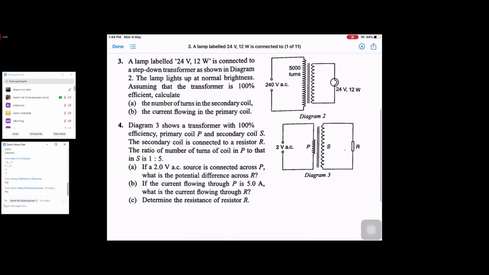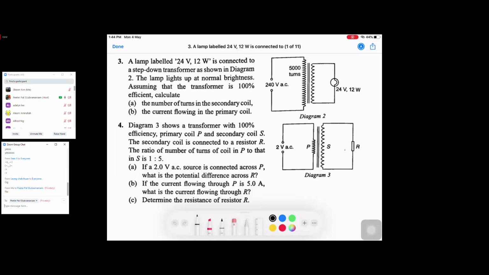Okay, let's see this number 3. A lamp labelled 24 volt, 12 watts is connected to a step down transformer as shown in diagram 2.